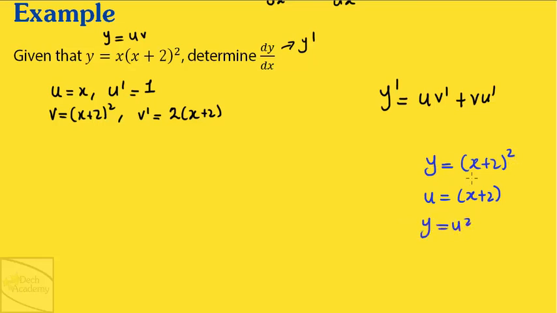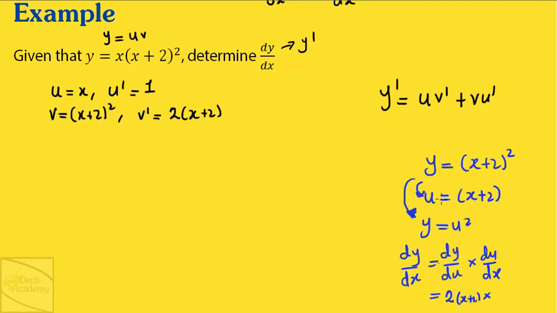So I've broken down this function into two functions, so that dy/dx is going to be dy/du times du/dx. dy/du is 2u, and u is x + 2, so that's 2(x + 2), and then du/dx is simply 1. The result is 2(x + 2), and that's what I have here.